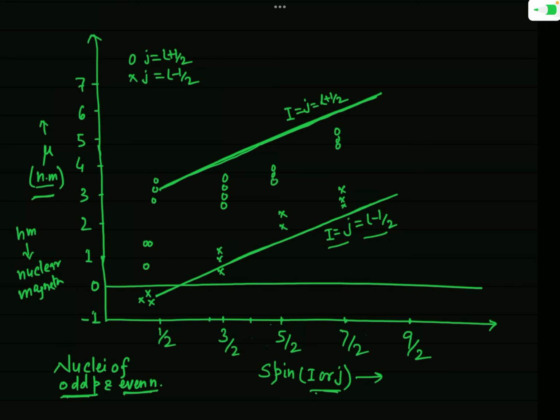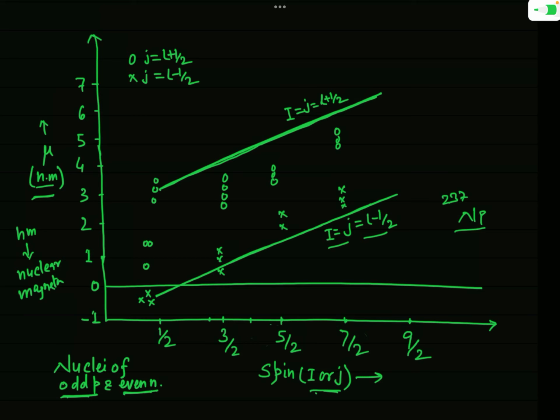Now these lines, as you know, are known as Schmidt lines, and it is remarkable that the experimentally measured values lie between these two lines, except for a few light nuclei, and particularly there is a nucleus Np whose mass number is 237. That nucleus does not follow this Schmidt curve.